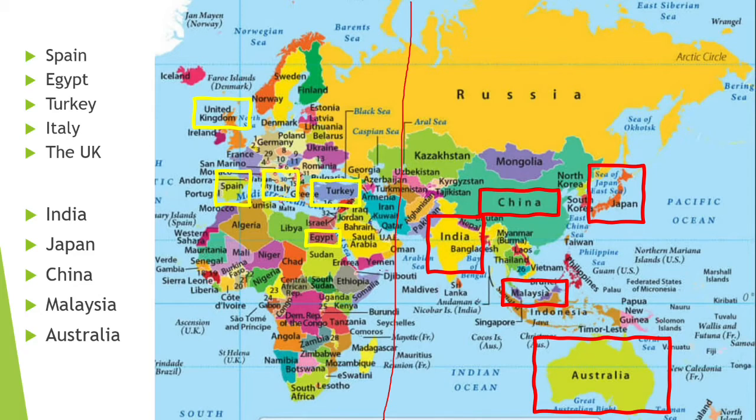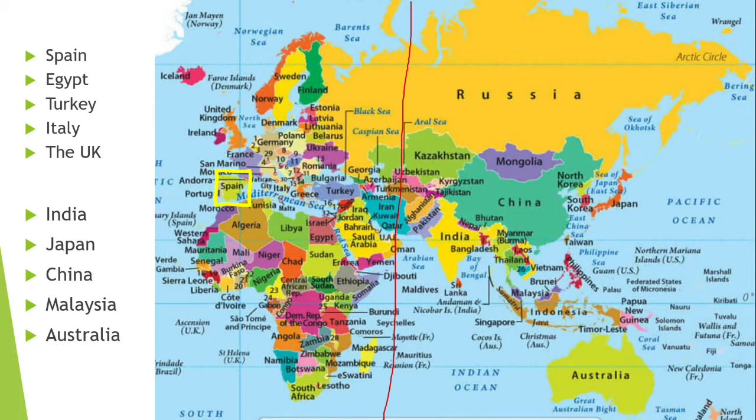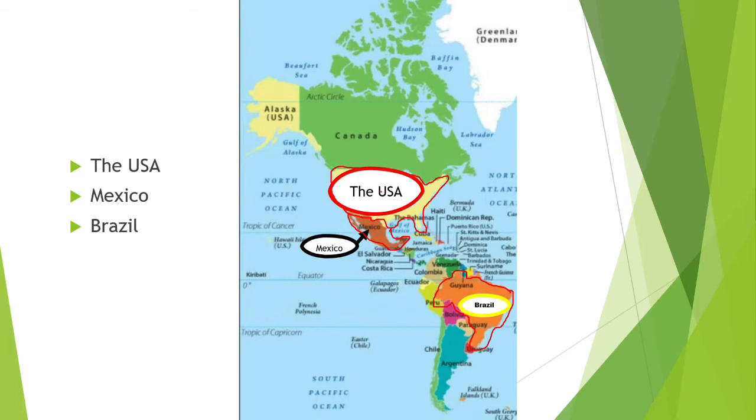Okay, so you need to remember the place of each country. So can you remember it? Okay, we will revise. Here we have 3 countries. On the left side of world map, we have 3 countries that we need to remember: the USA, Mexico, and Brazil.